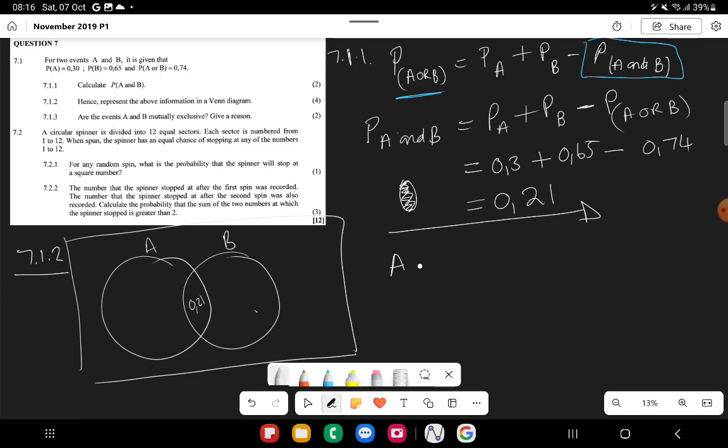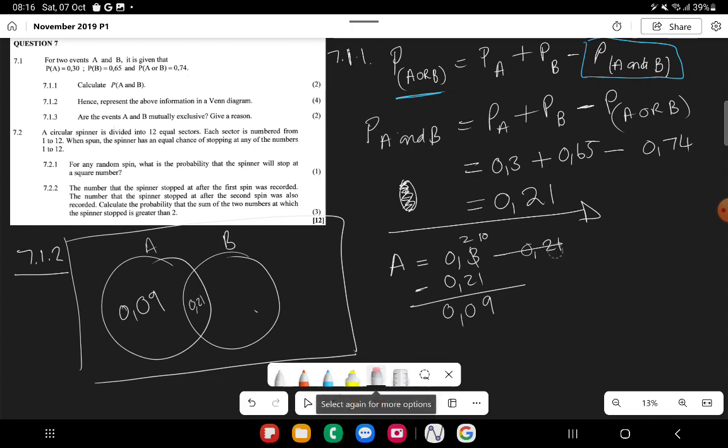A is equal to 0,3 minus 0,21. Let's do this just to make it easier to see. That becomes 2 and 10, 10 minus 1 is 9. So it becomes 0,09 over there.